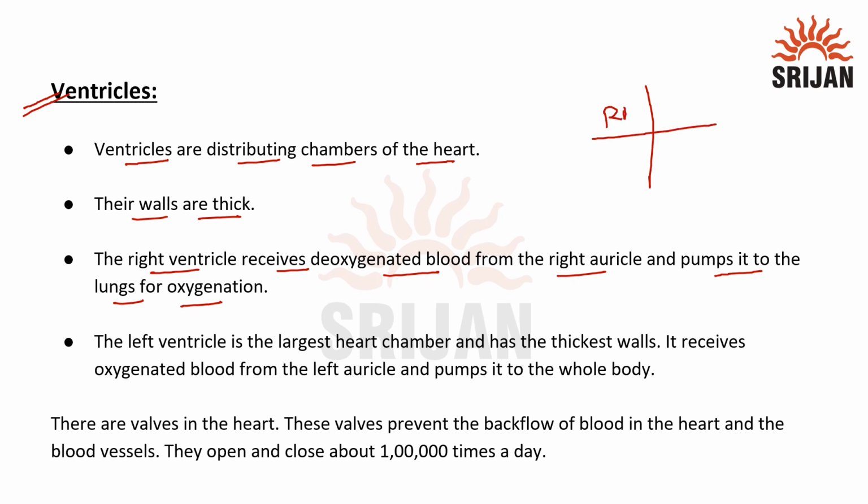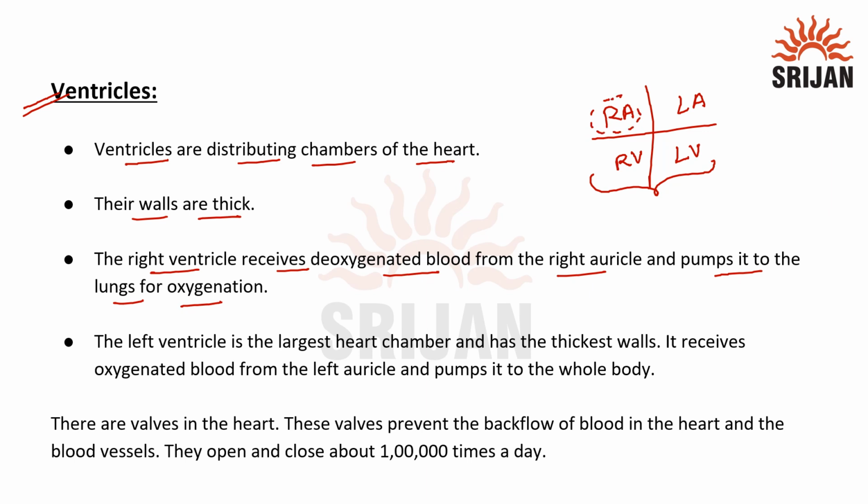This is right atrium, this is right ventricle, this is left atrium and this is left ventricle. So here these two chambers are called as ventricles, and we know that deoxygenated blood is received in the right atrium from the entire body.